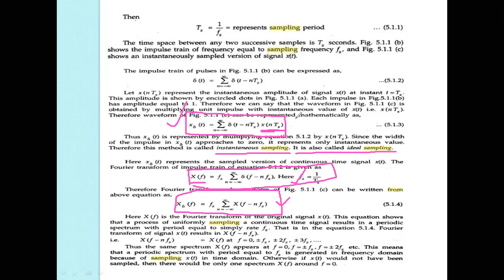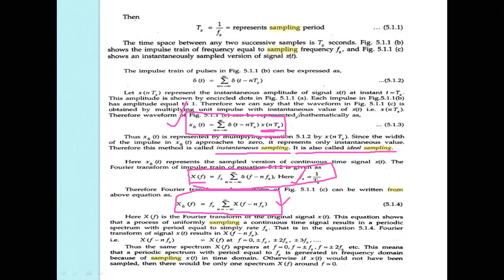Before applying the Fourier transformation of the signal x delta of t is equal to the sum of n equal to minus infinity of delta of t minus n into ts, x of n into ts, we have to see the delta of t as a Fourier series function, my dear students. Trigonometric Fourier series.